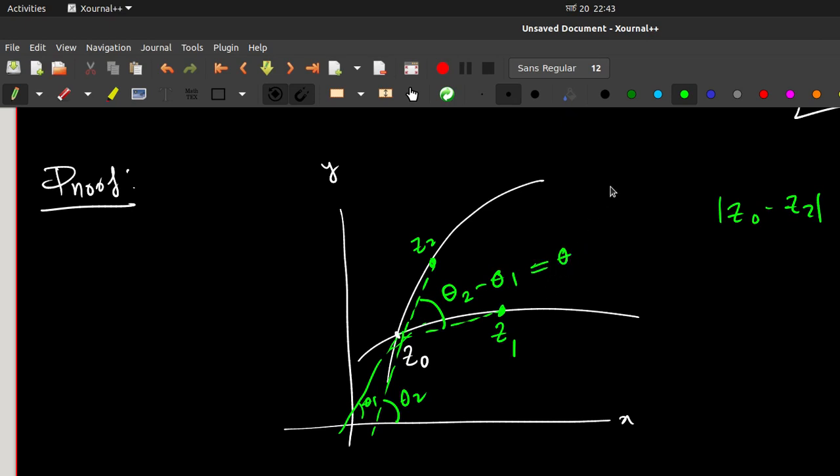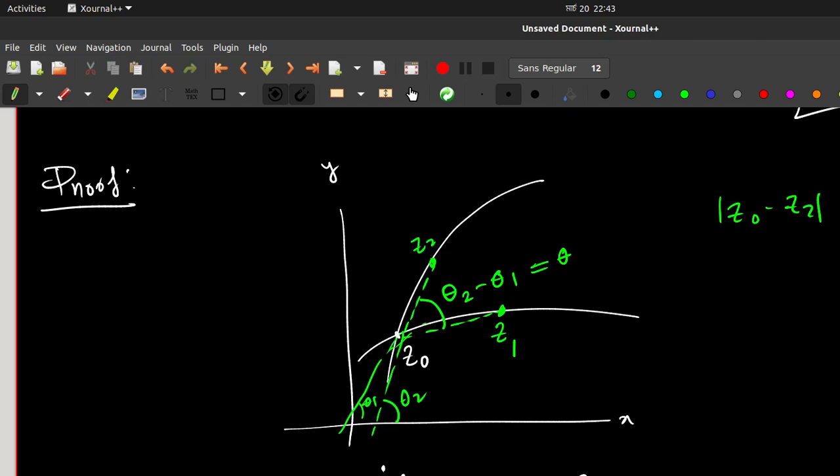Now we can do a polar representation of these distances: z1 minus z naught equals r e to the power i theta 1, and similarly z2 minus z naught equals r e to the power i theta 2.